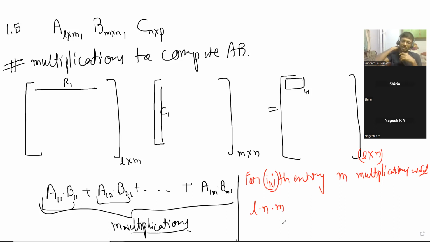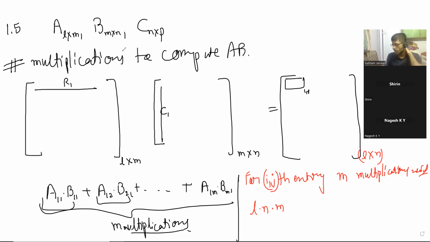So this is suggesting a nice thing: if you look at this, the answer only depends on these things as a set, L, M, and N. It doesn't depend on the exact arrangement. If it was M cross L and this was L cross N, still the answer will be the same. That's the nice thing. So this is the number of multiplications needed if you do it in the usual way.